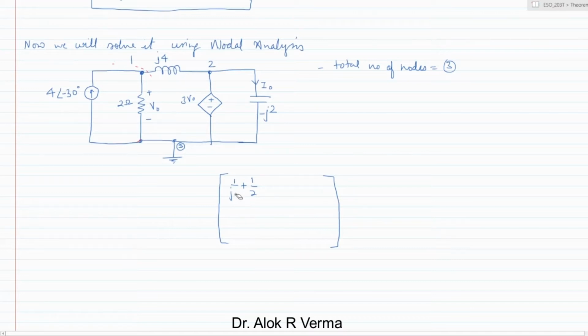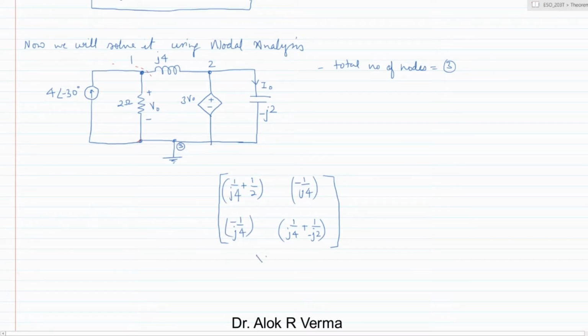The common term between node 1 and 2 is minus 1 by J4, and the total admittance at node 2 is 1 by J4 plus 1 by minus J2. So this is the admittance matrix.